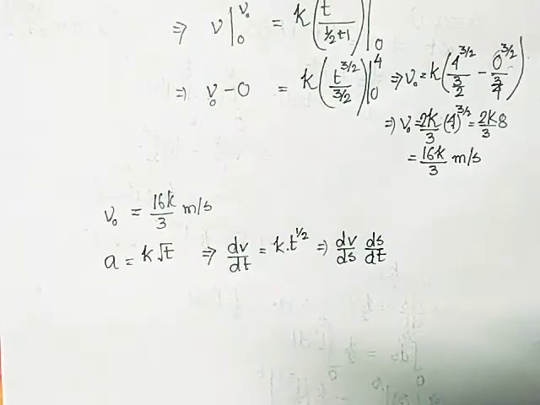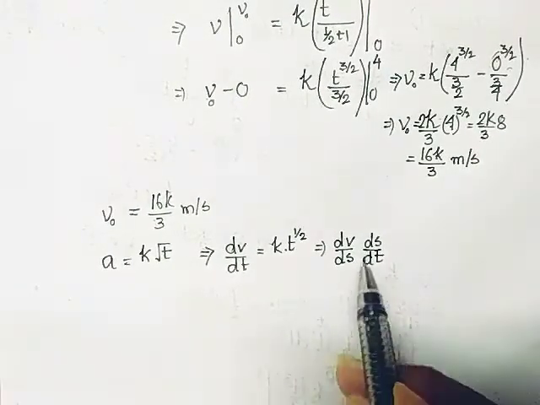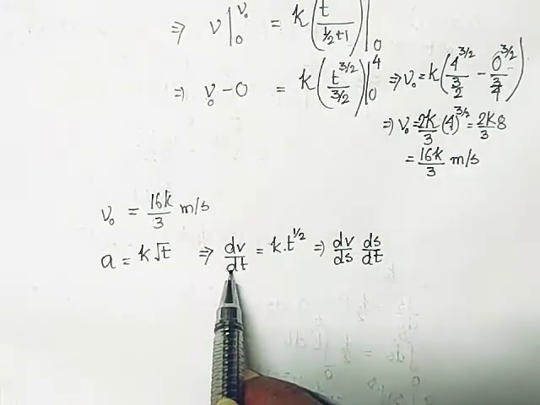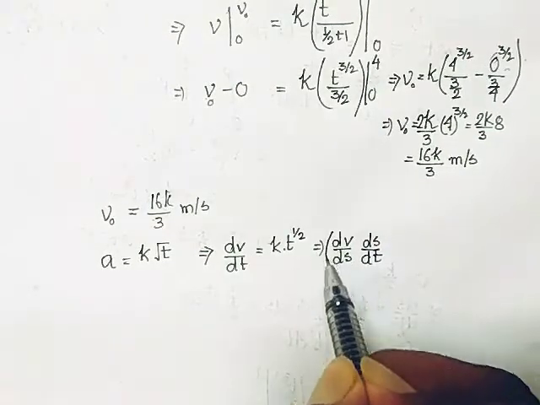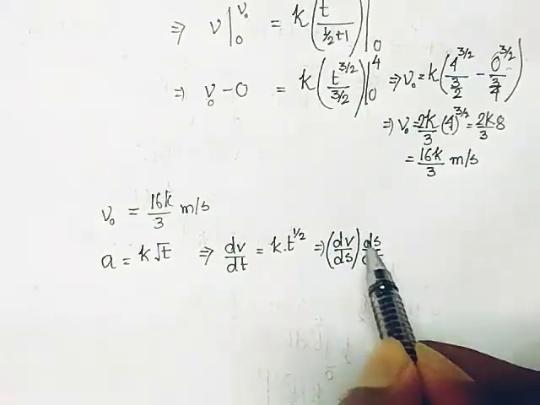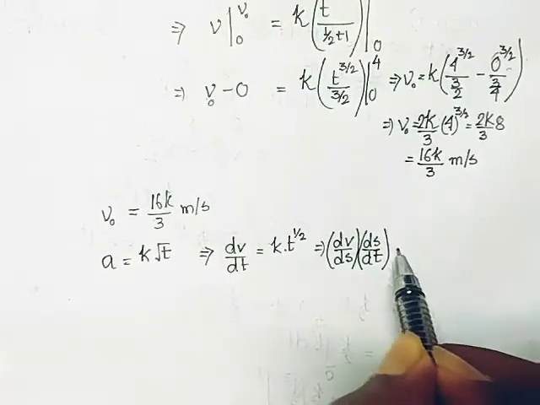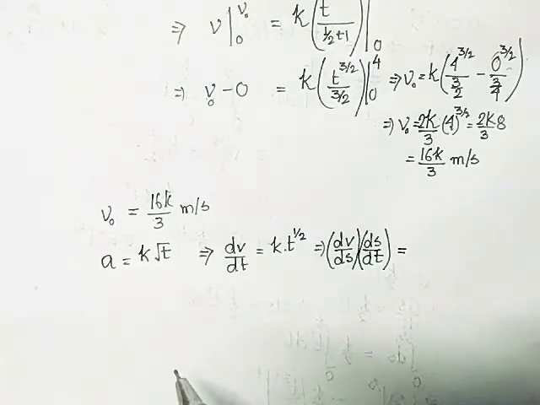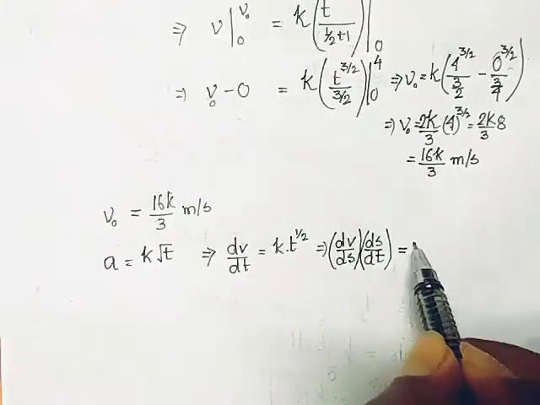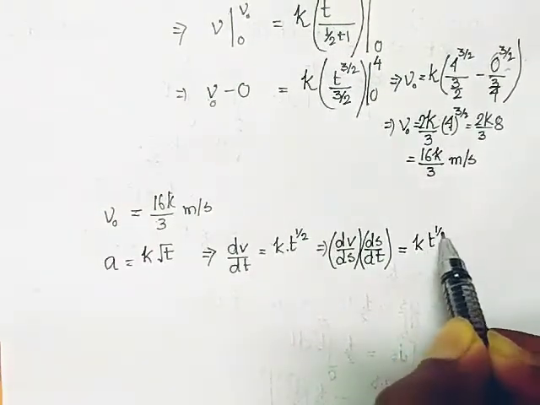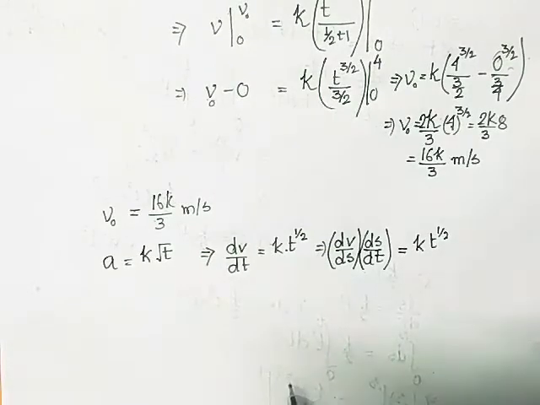Now I try to write this using the chain rule. I divide by ds and again multiply by ds, so this becomes dv by dt again, but this is dv by ds, no problem. This becomes ds by dt. What is ds by dt? It is nothing but the velocity.